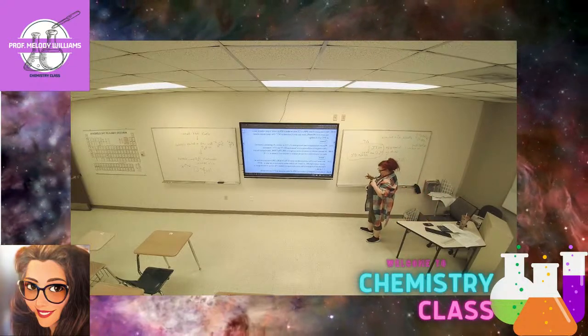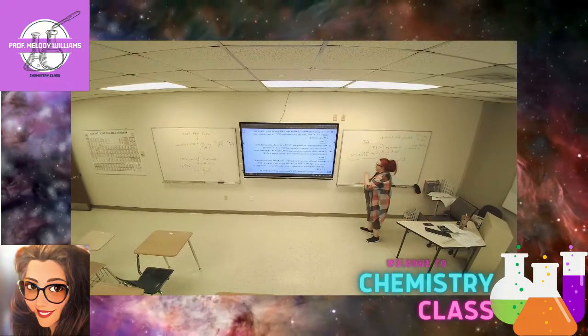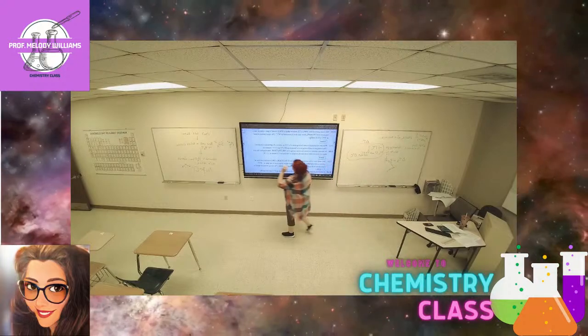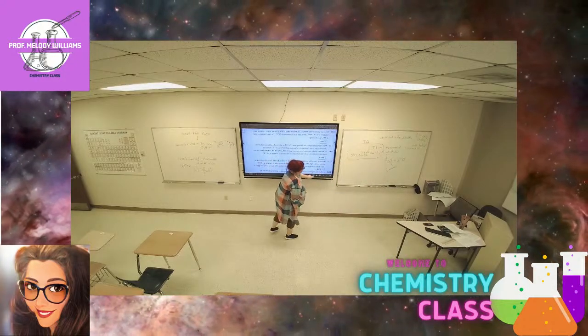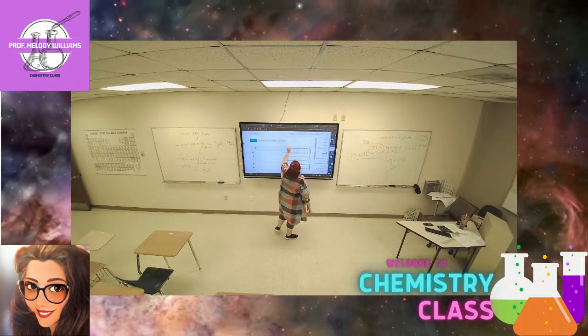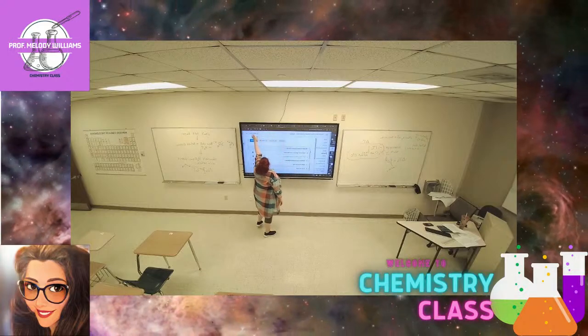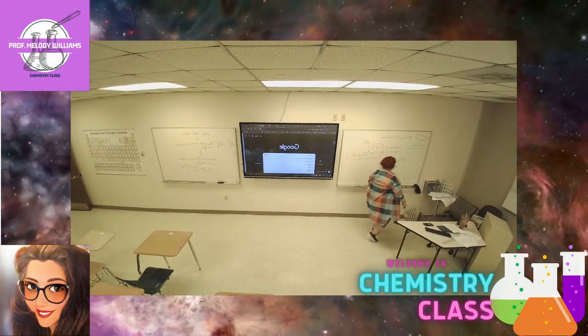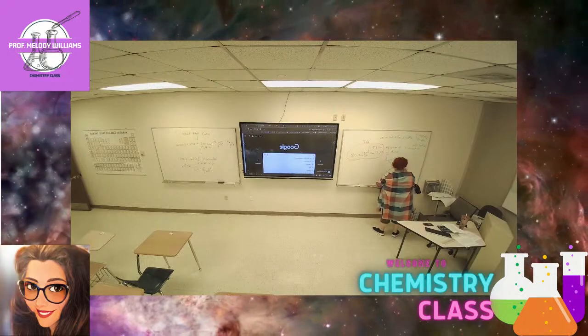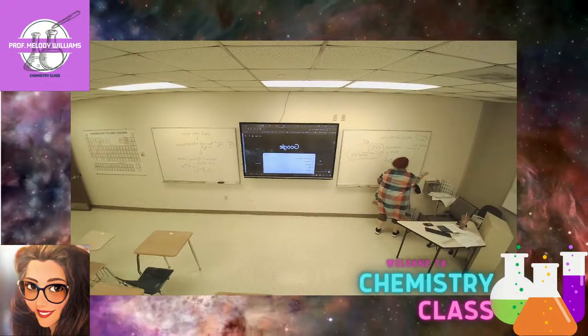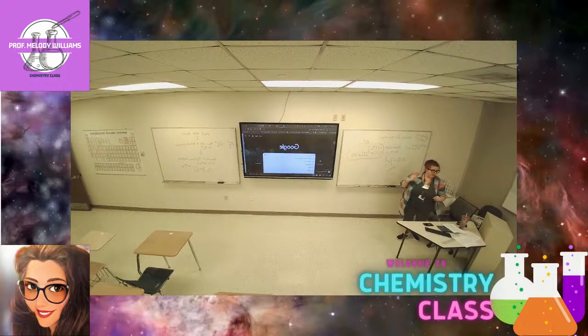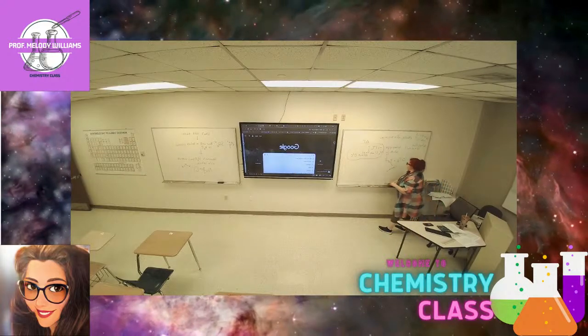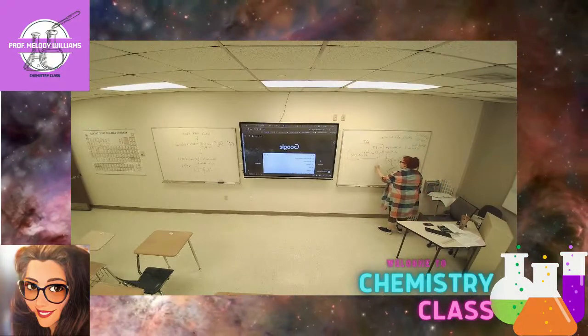I'm going to write on myself. Okay. Let me look that up. What is the Kf of water? 1.86. You'll have to use kilograms. 1.86. All right. So on the internet, we looked it up.